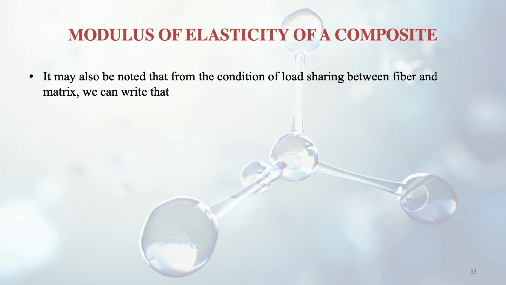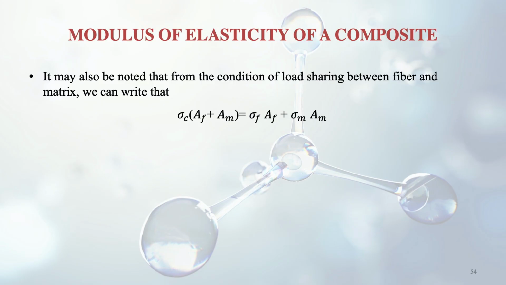It may also be noted from the condition of load sharing between the fiber and matrix that sigma C, the stress on the composite, into AF plus AM, the cross-sectional area of the matrix and the fiber, is equal to sigma F into AF, where sigma F is the stress handled by the fiber, plus sigma M into AM, where sigma M is the stress handled by the matrix.